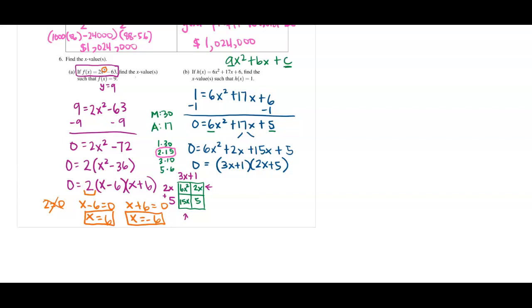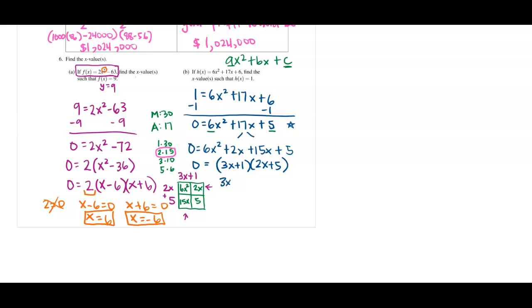And if we FOILed it back through, would we end up with what we started with? Because if you're unsure about your factoring, you can always FOIL it back together and see if you get back to what we started with right here where I put that star. Okay. And then I can set each of those parts equal to 0 now.